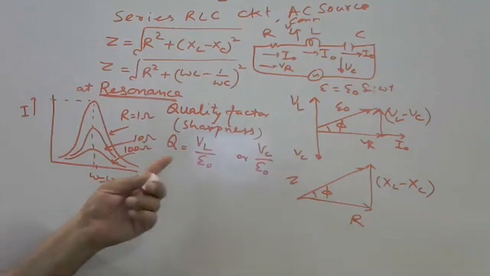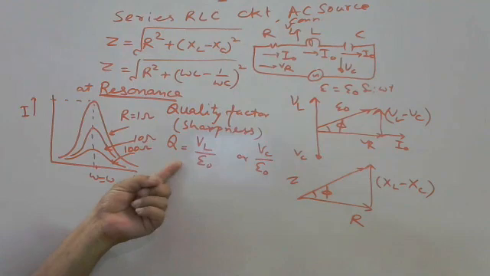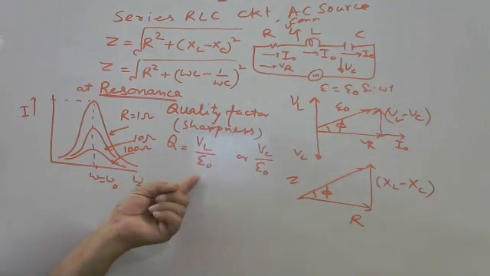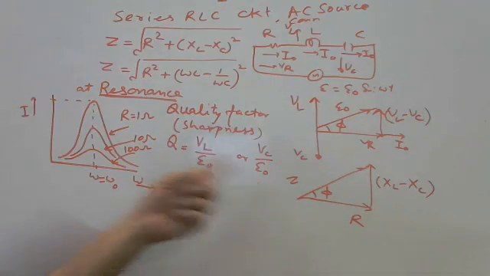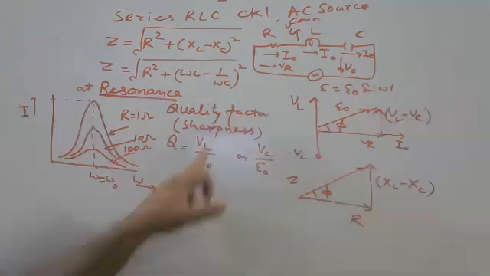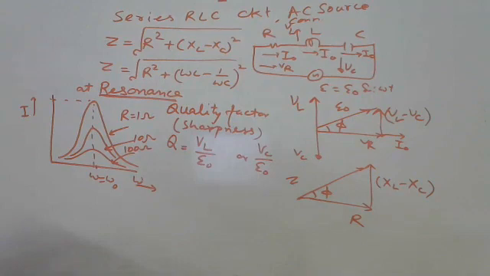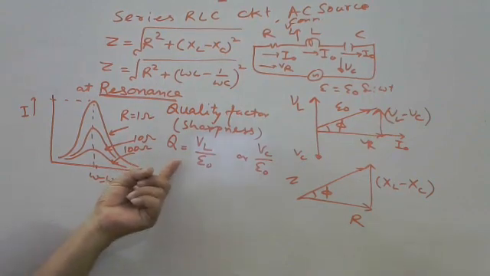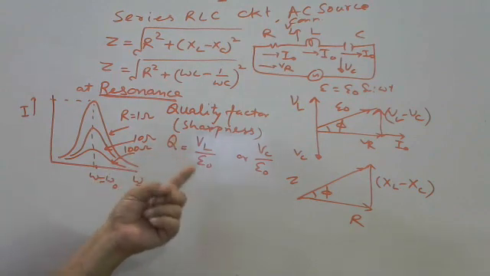This is the definition of quality factor. At resonance VL and VC are both the same, so either we write VL or VC, both are the same thing.